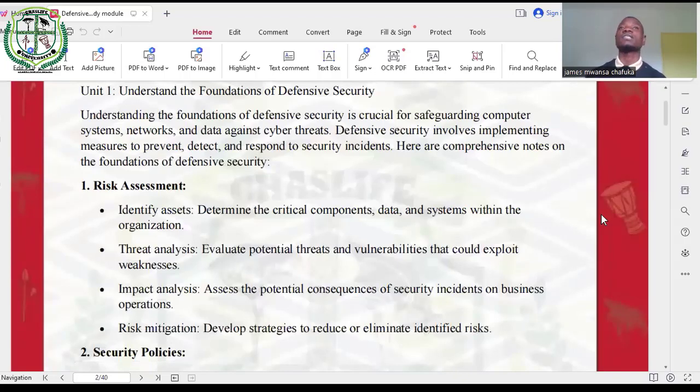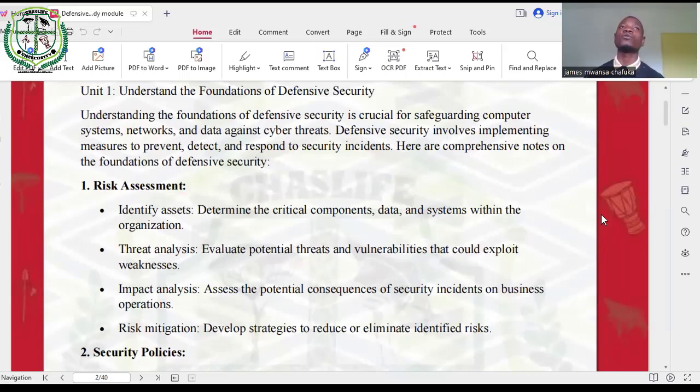Under risk assessment, it focuses on identifying assets, which means determining the critical components, data, and systems within the organization.